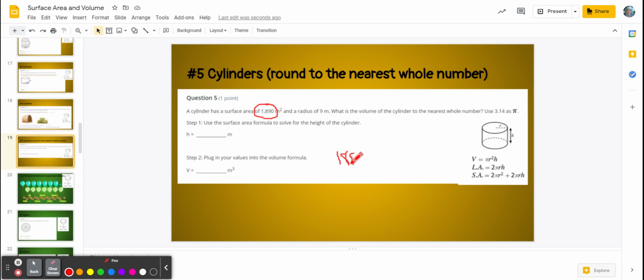So 1890 equals pi 9 squared h plus 2 pi, oh wait, no. You captured them correct? 100% she is. It was so funny. Oh, that's funny.